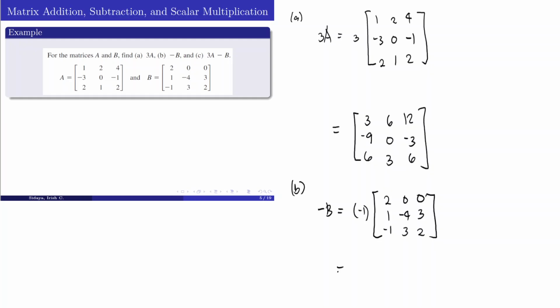Okay, so again, just simply multiply these elements here of the matrix B by -1, so we get -2, 0, 0, -1, 4, -3, then 1, -3, and then -2.